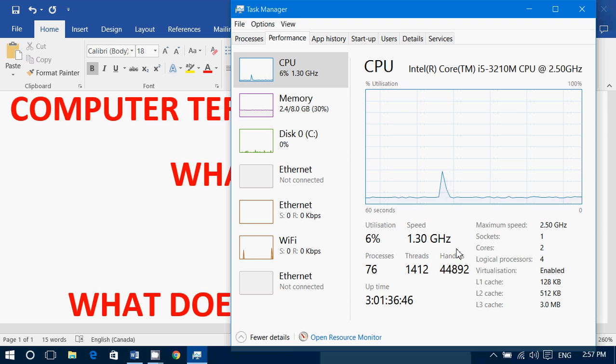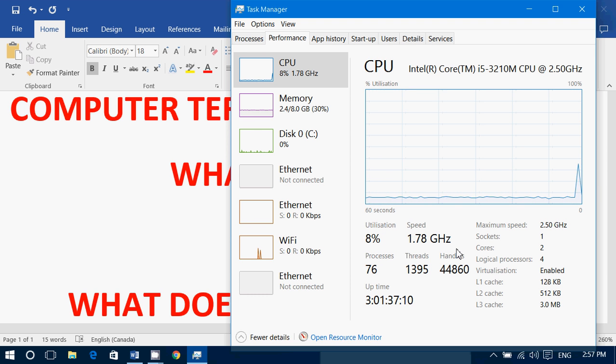Now you might think, oh, a 4 gigahertz processor is twice as fast as the 2 gigahertz processor. Actually, it's not like that. 4 gigahertz will be roughly 30% faster than 2 gigahertz, and maybe even slower on some types of processors, depending on the computer itself.